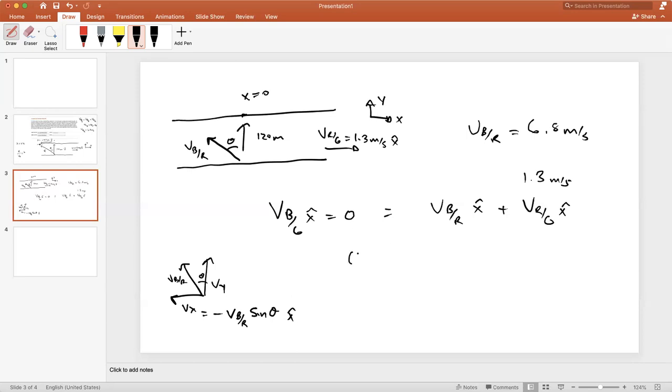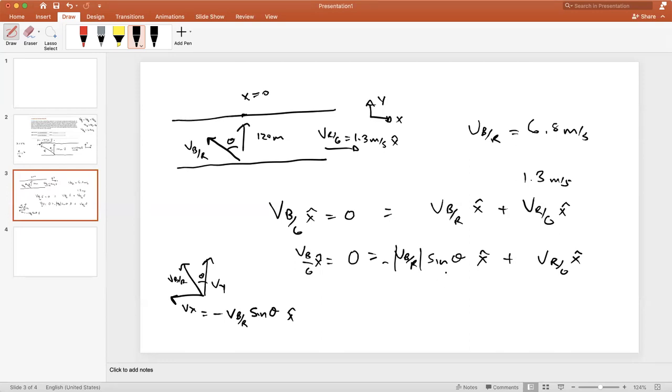So we know that 0 has to equal v b over r, which is just our magnitude, our 6.8, with a minus sign, times sine of the angle, times x hat, plus v r over g in the x hat. And this, if I cancel my r's, will give me v b over g in the x hat, which is 0.